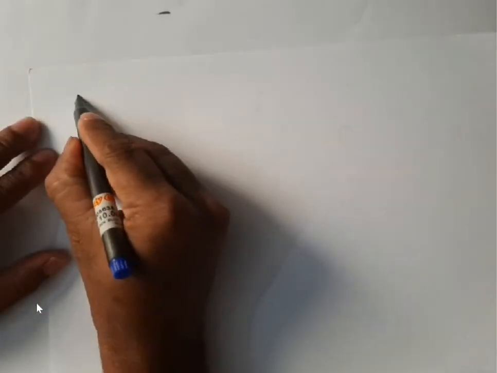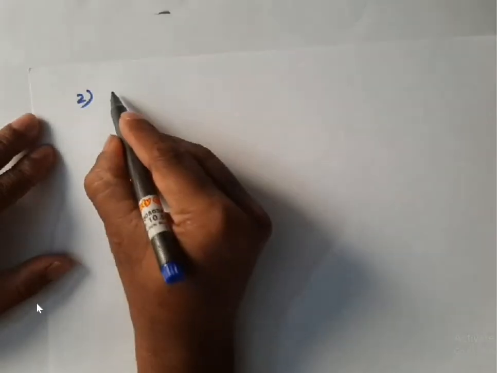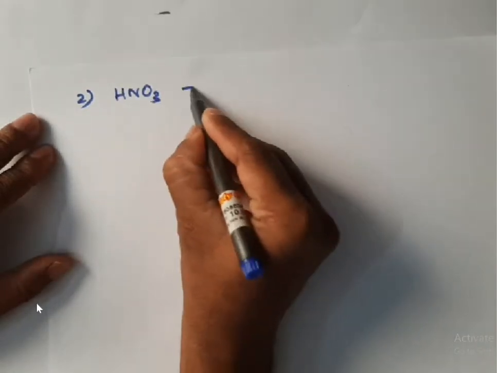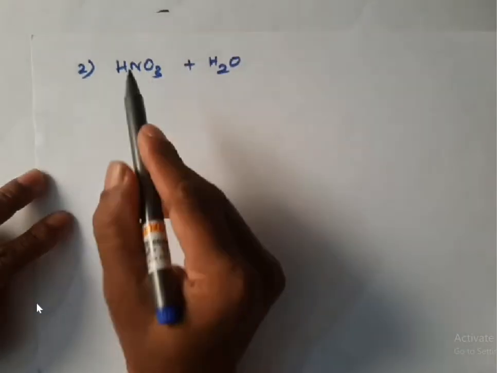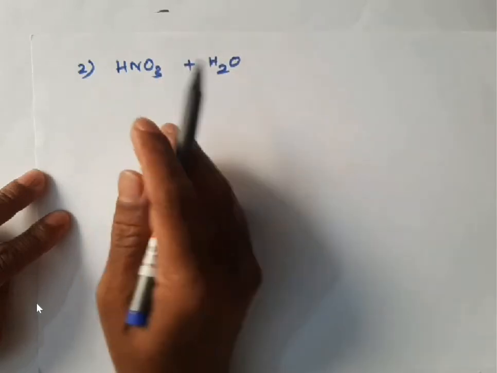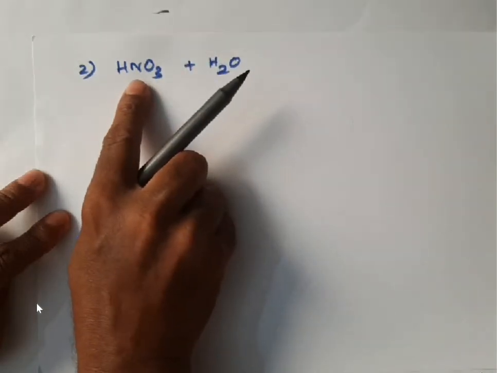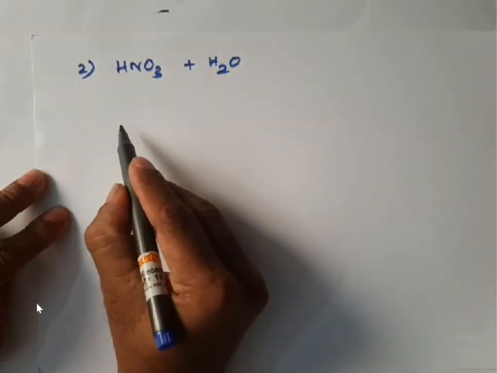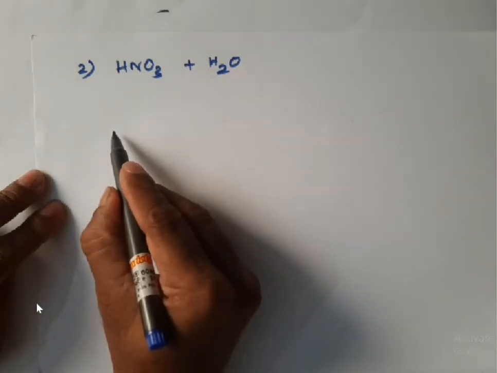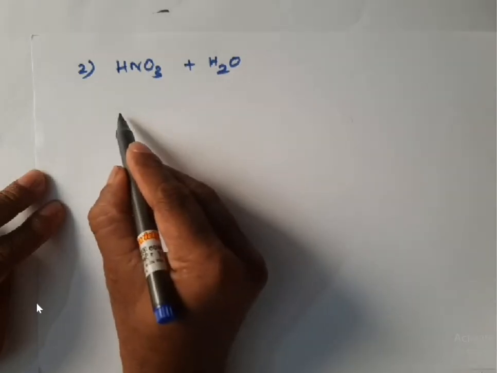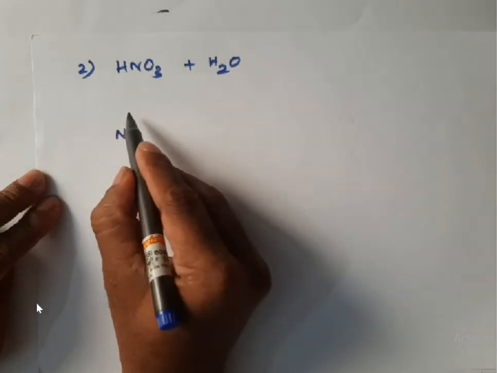Then next one. Example number 2. We have plenty of examples. Nitric acid, HNO3, plus water, right? In pure nitric acid, yes, we have hydrogen bonding, in water also, because this is the structure of nitric acid. Let me draw it like this.